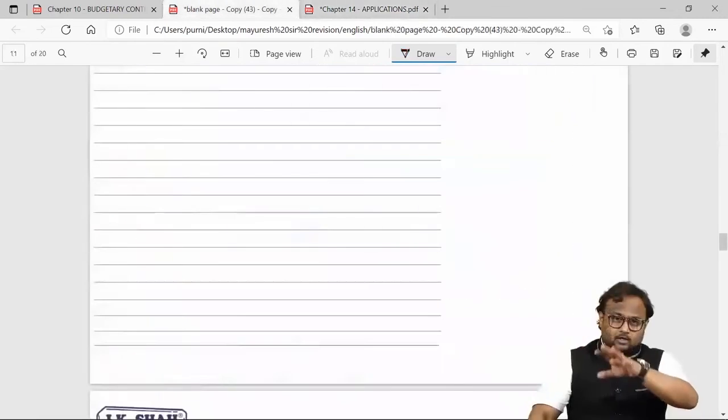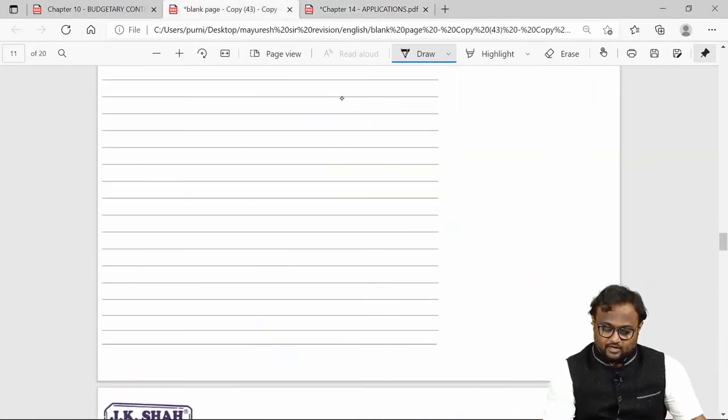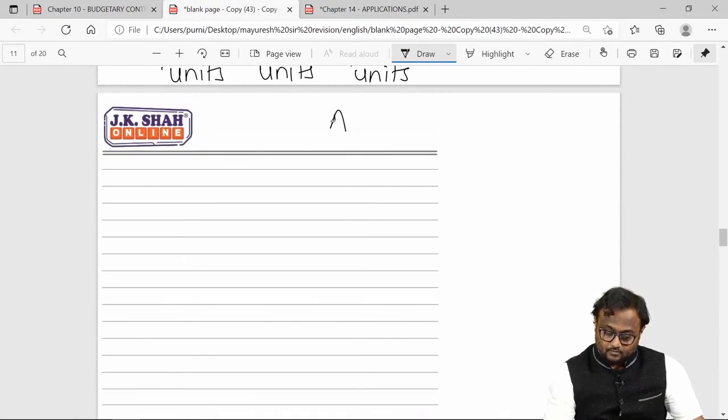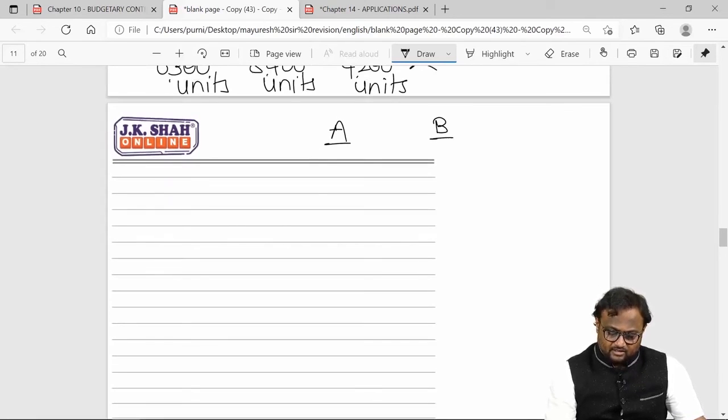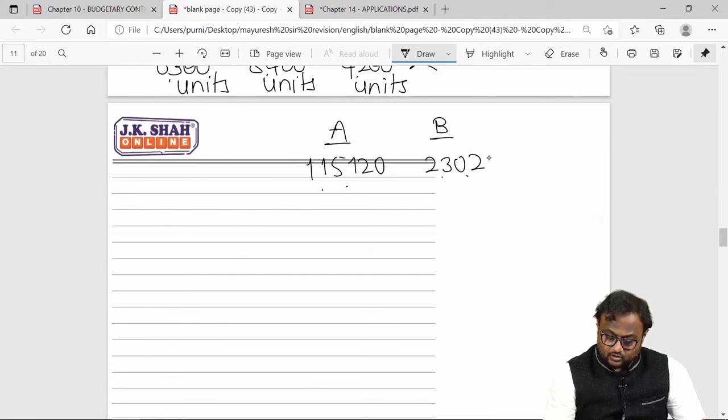Pause. So if you do all that calculation, you will realize that grade A will require, say, 115,120 hours, and grade B will require 2,30,240 hours.